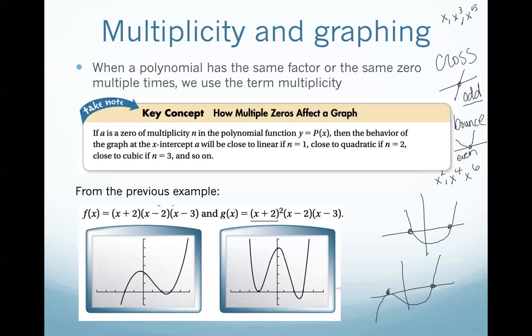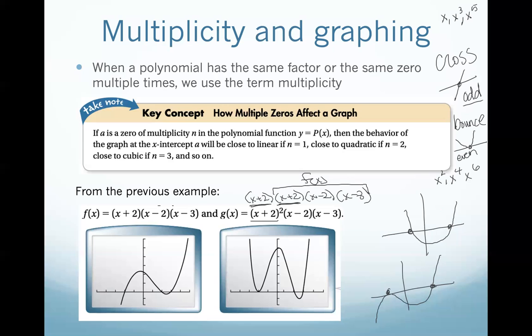For g of x, we had x plus 2 times x plus 2 times x minus 2 times x minus 3. Well, this whole part is the same as f of x, but the difference now is that there are 2 factors of x plus 2. That is what multiplicity is.